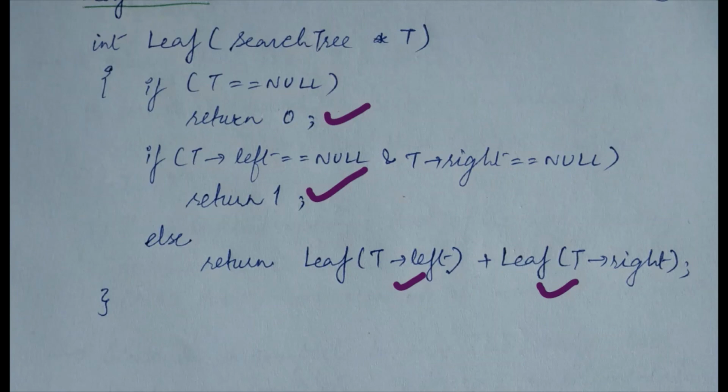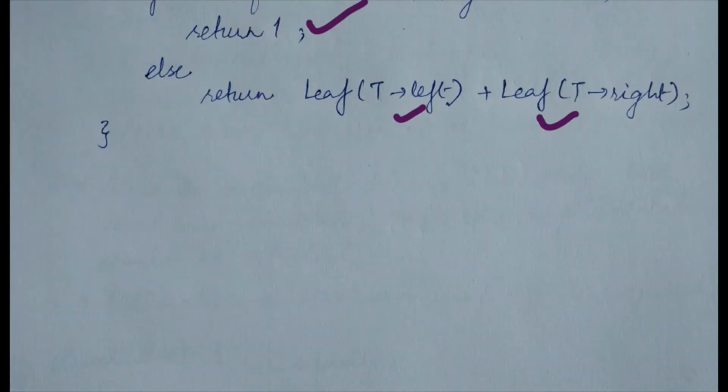If both are null, then you can return a 1. If they are not null, you don't return a 1, you return a 0. So you return a 1 only when it's a leaf node, which means the left and the right pointers are null.